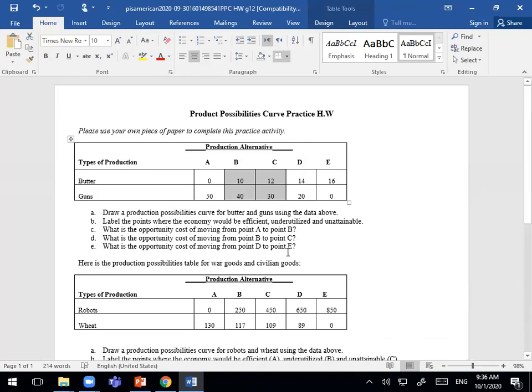And the same concept goes from D to E. You're in this zone now. You have shifted your production to increase butter, but again you have decreased guns. So what is your opportunity cost here? Anyone? 20. Okay, you gave up all of it. Good job.